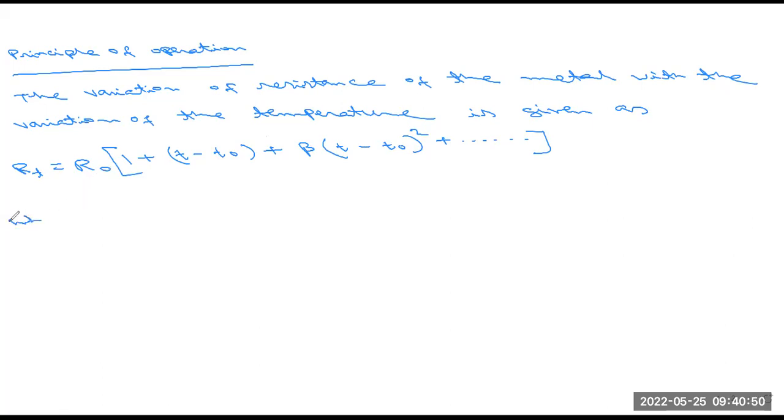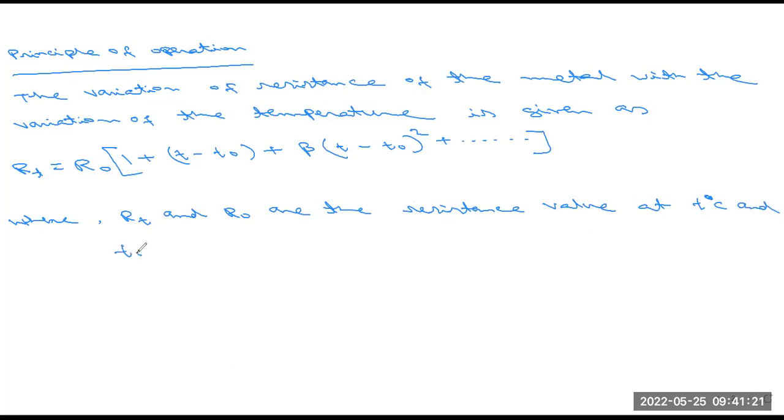Where RT and R0 are the resistance values at T degrees Celsius, that means RT, and at 0 degrees Celsius temperature.